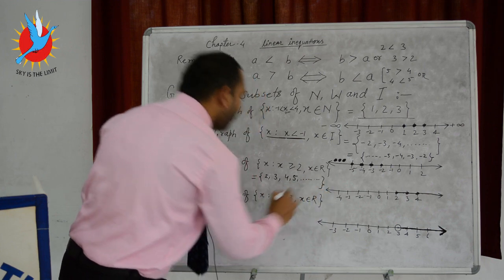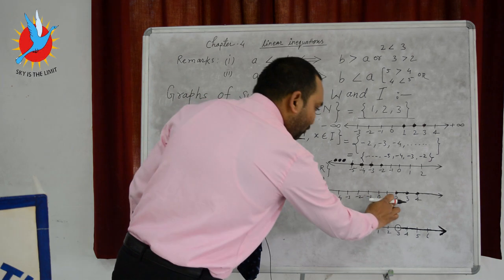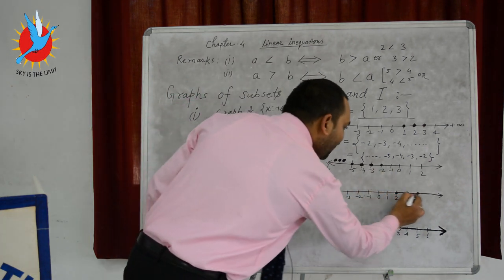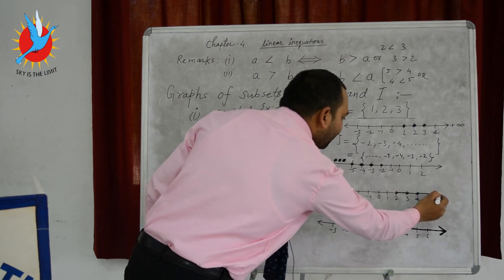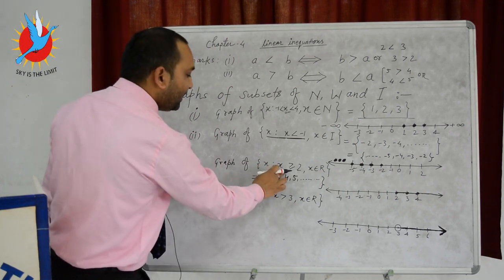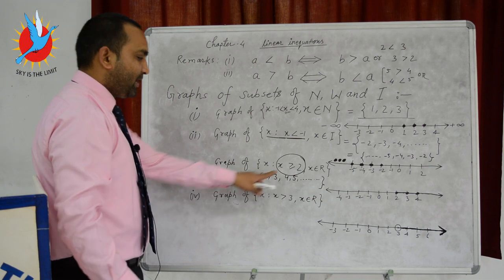So 2, 3, 4 are darkened and the whole real line to the right is darkened. So these are infinite solutions of this linear inequality, x is greater than or equal to 2.